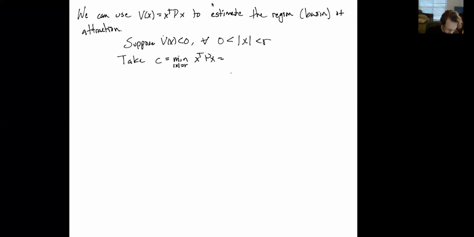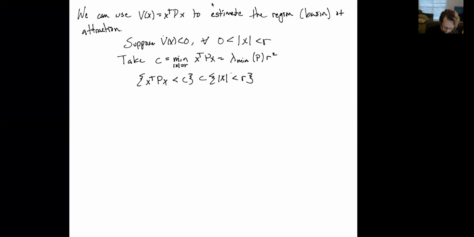This will be equal to the minimum eigenvalue of P times r squared. All right, so this means that the set of points x transpose P x less than c is a subset of the set of points x with norm of x less than r.